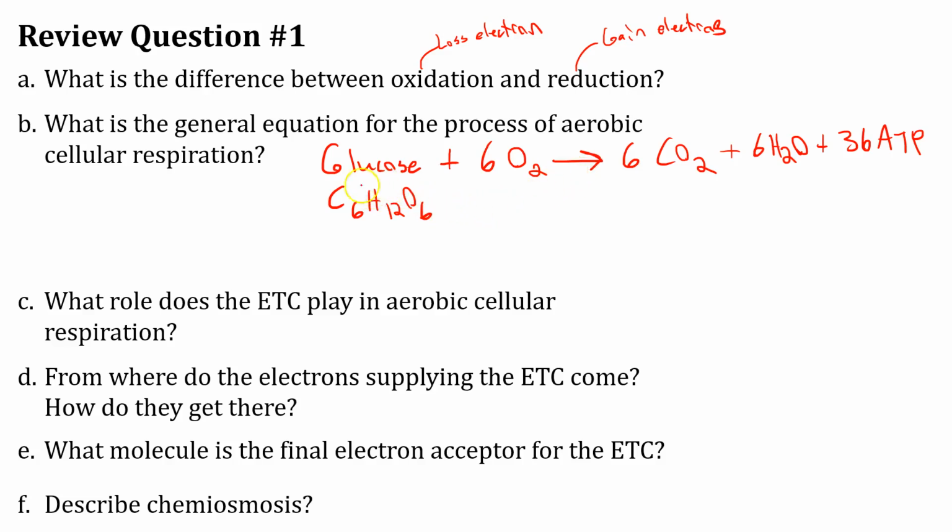The long and the short of it is that the carbons of glucose and the oxygens of glucose, together with the oxygen that we breathe, make CO2 and water. And it's the hydrogens that are really used to make the ATP.